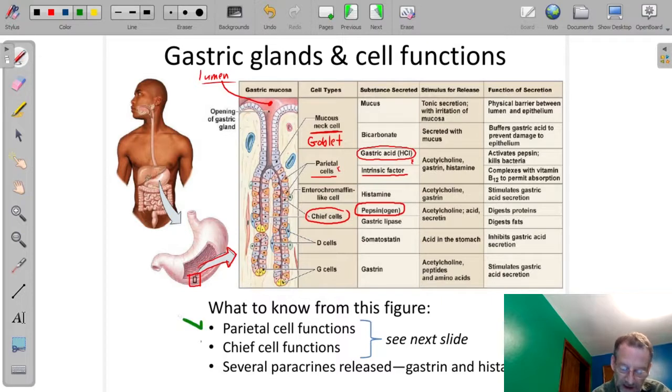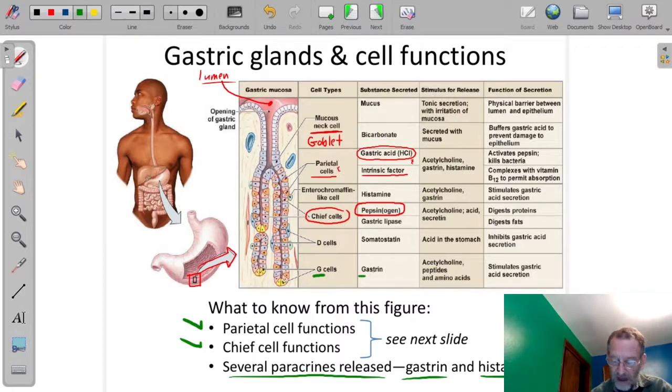Parietal cells and chief cells, and then there are also several paracrines that are released. Local acting hormones, gastrin and histamine are two. And they are produced in different cells of the stomach mucosa, and I'm not asking you to remember the name of those cells that produce those two hormones, although gastrin is pretty straightforward.